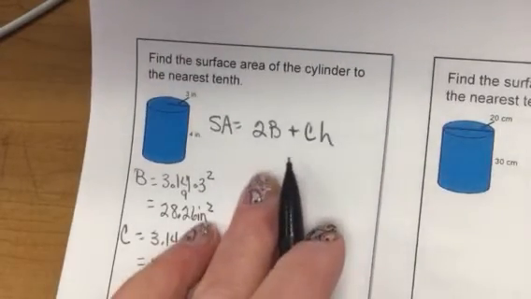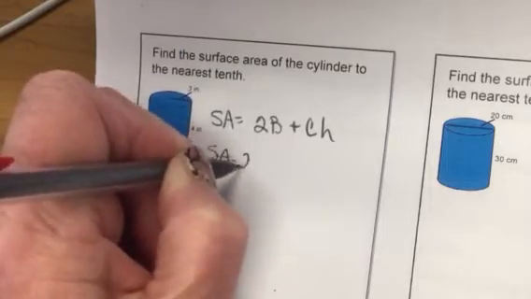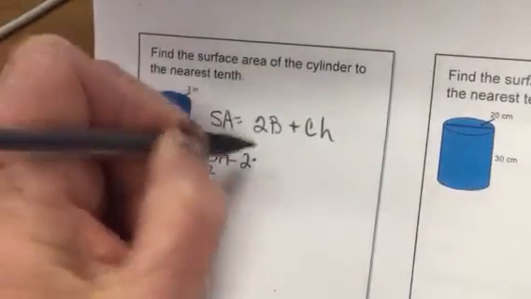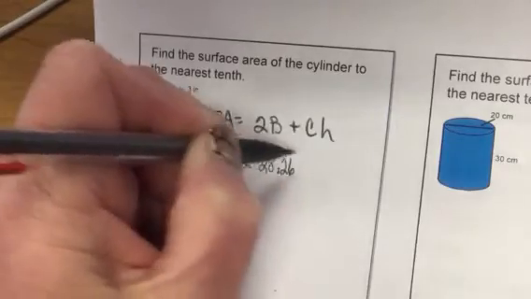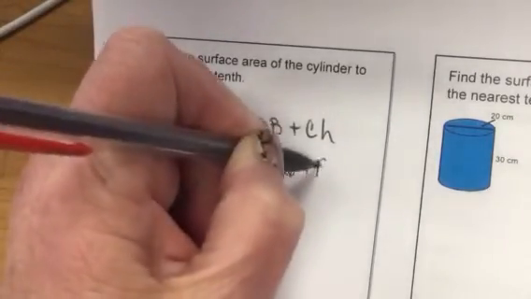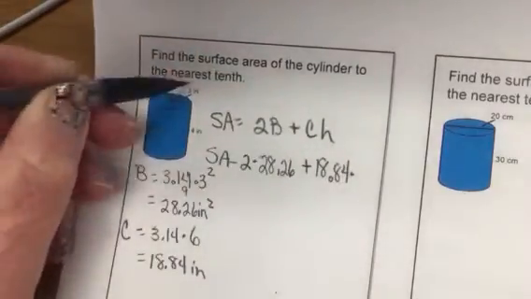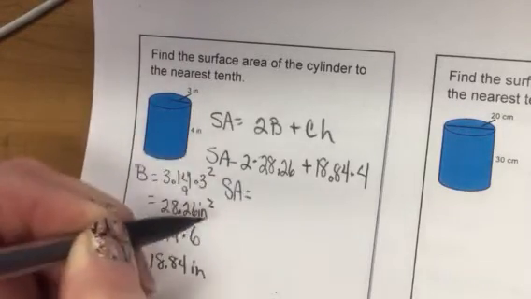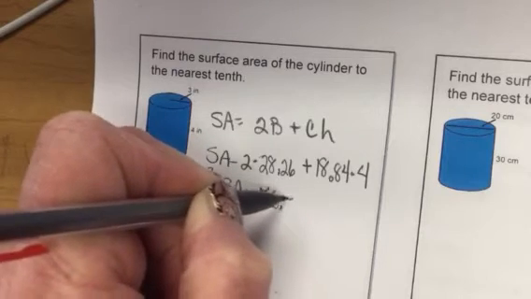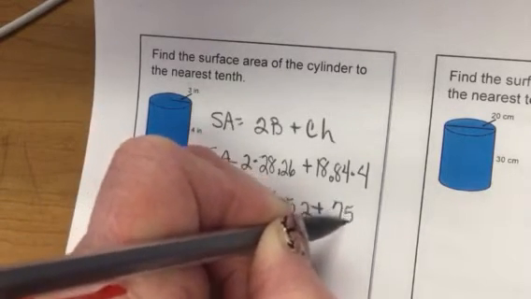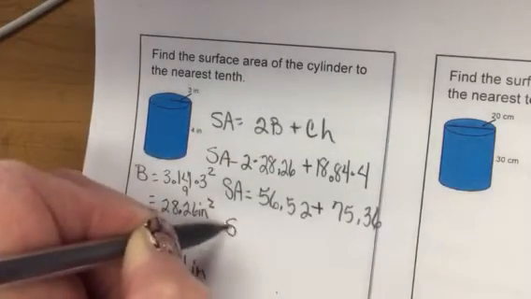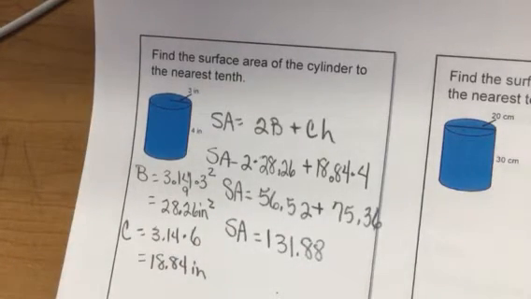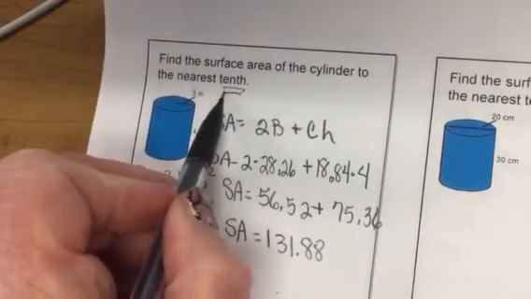So we substitute that in. Surface area equals 2 times 28.26 plus circumference 18.84 times my height of 4. 56.52 plus 75.36, 131.88, but the directions say to the nearest 10th.